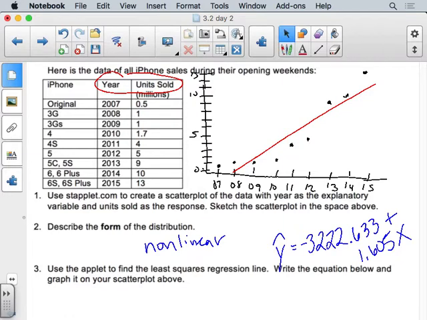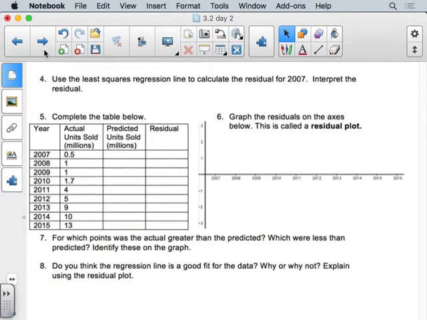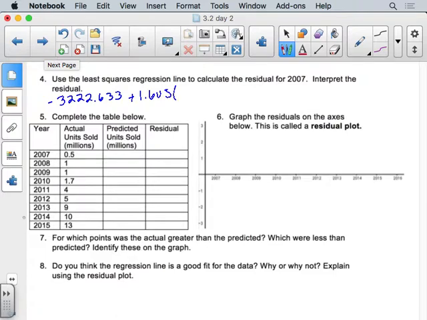Then you should have used that on number 4 to plug in. So you plug in negative 3,222.633 plus 1.605, and you plug in 2007 for x. I got negative 1.3898, something like that.